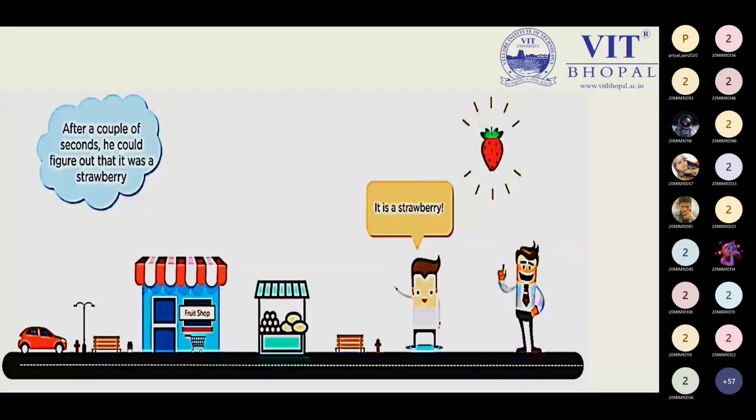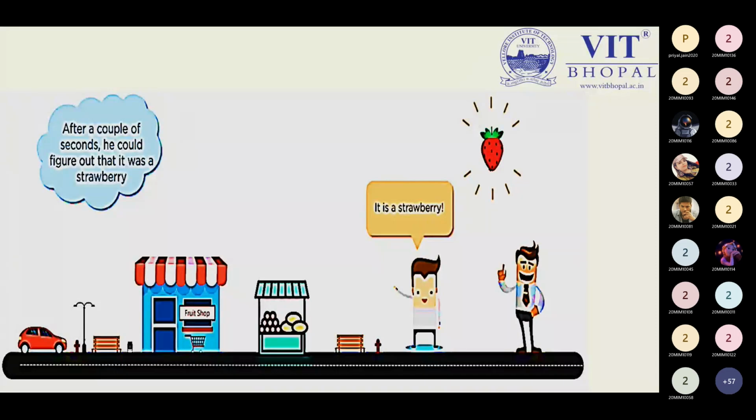But after training him, after providing better training, there are two cases: he may be trained or he may not. Suppose he was trained, then after a couple of seconds he can easily recognize whether this is an apple or a strawberry. He recognized this as a strawberry. Why? Based on its color?